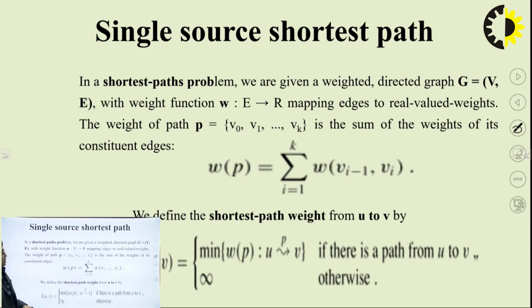What is the single source shortest path? What is the definition of a shortest path problem?